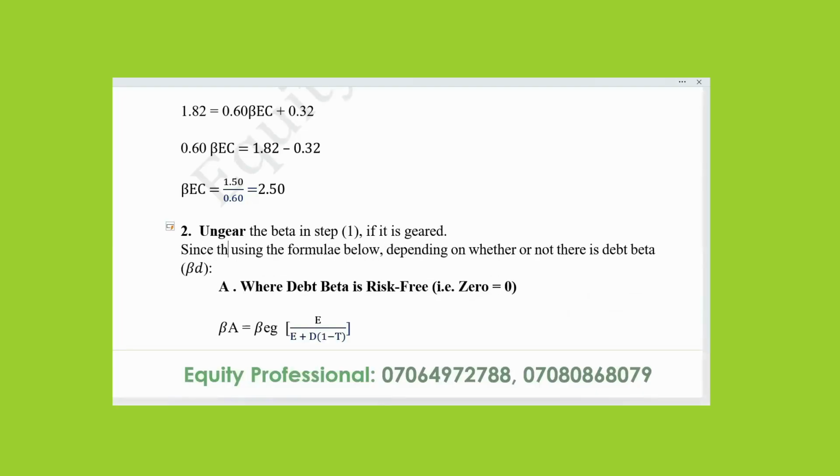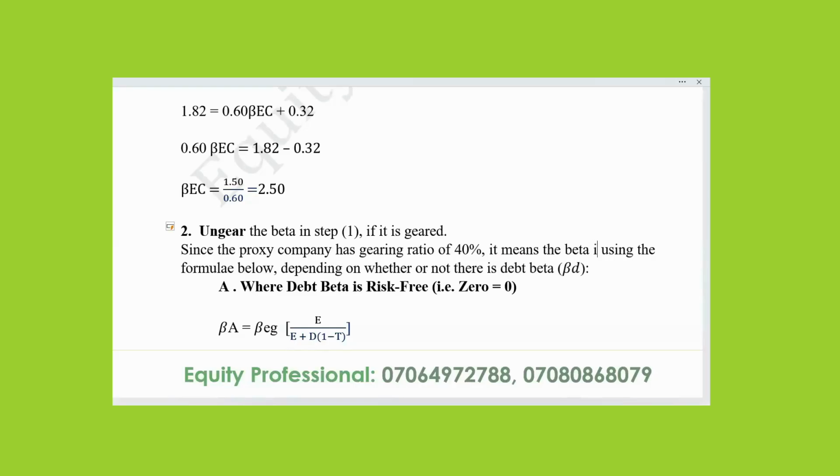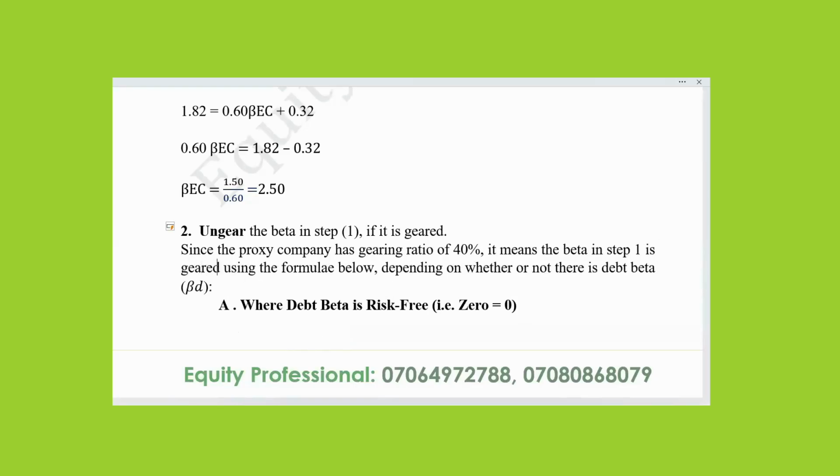Since the proxy company has debt, or has a gearing ratio of 40%, it means the beta in step 1 is geared.